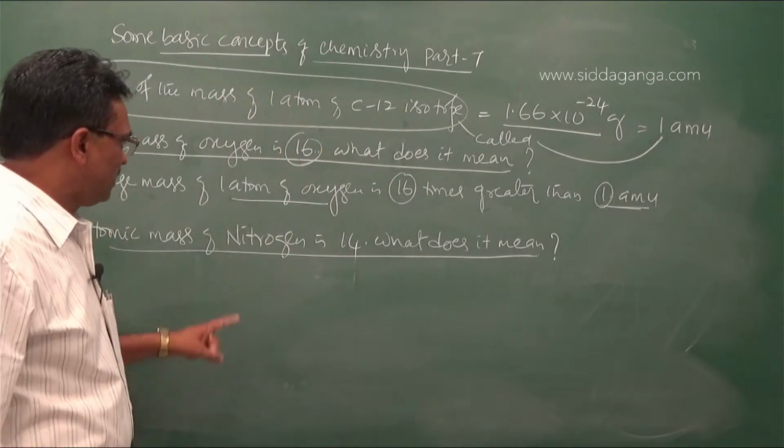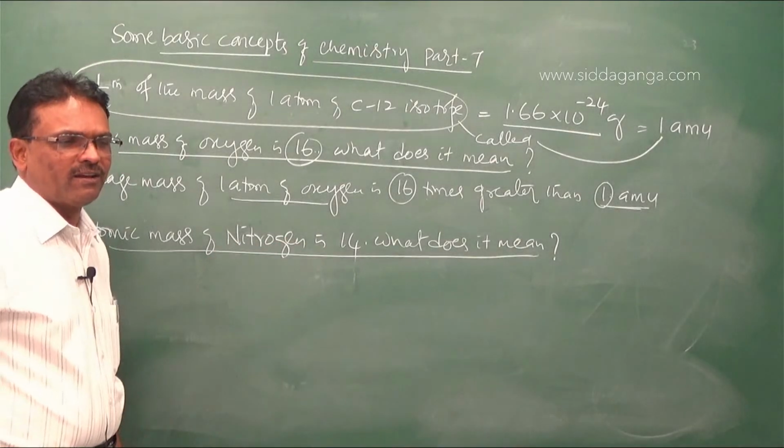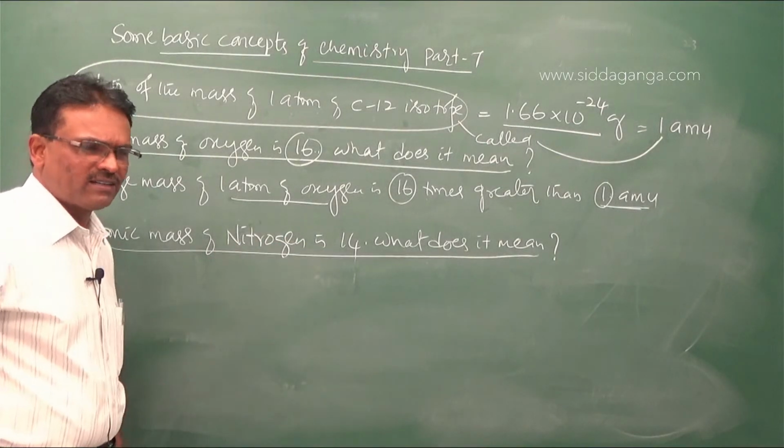So atomic mass of nitrogen is 14. So what is the meaning of it?